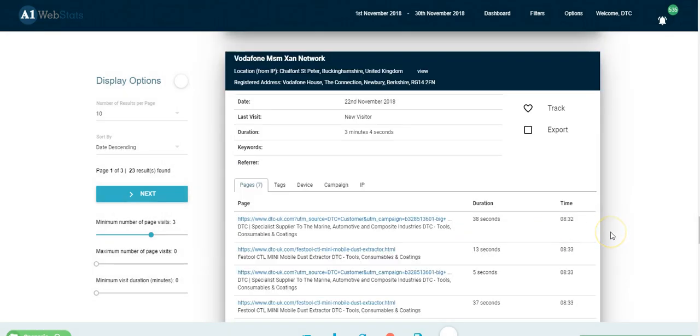In our view, when you send out an email campaign, it's very much worth digging deeper into the data to work out who those people were that looked further into your website.